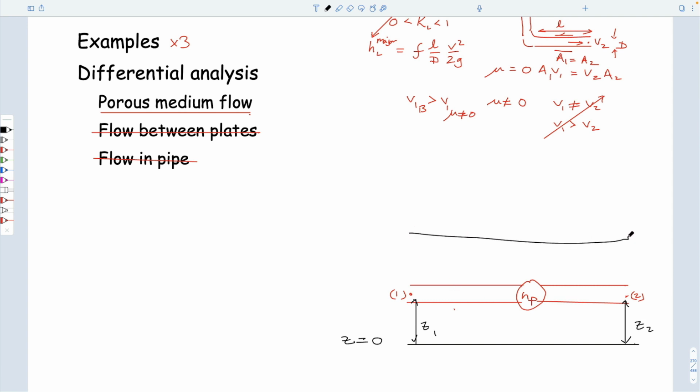This is the pressure head, P1 over gamma, P2 over gamma. If it's a pipe of constant diameter, then the velocities upstream have to equal the velocities downstream.